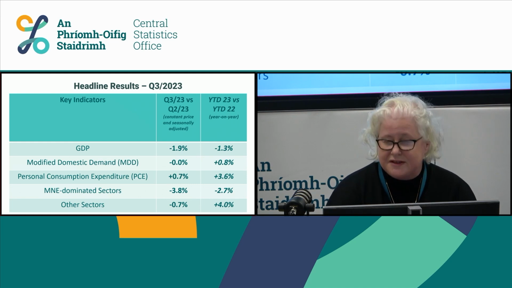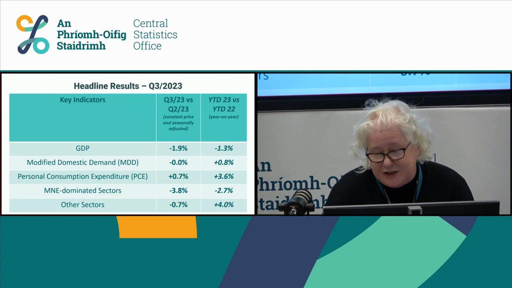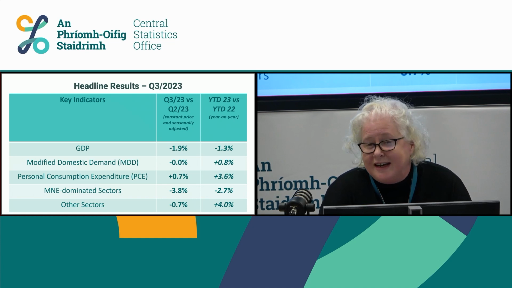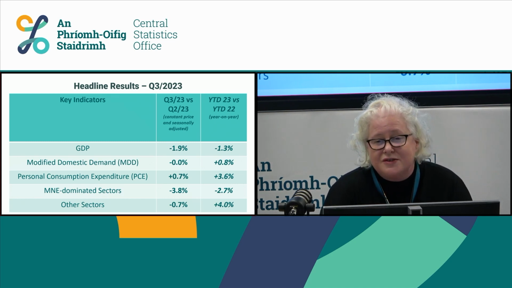Consumption then, the personal consumption expenditure indicator, which is what we all spend on goods and services, so which is a very domestically focused indicator, that's up 0.7% quarter on quarter and actually up 3.6% year on year. And again, I think just to underline the point about the inflationary impact on that personal consumption.